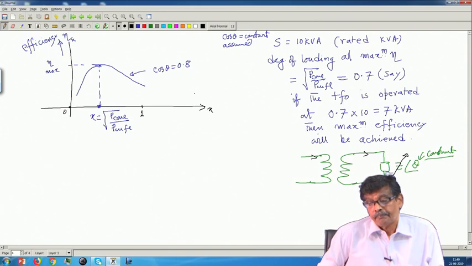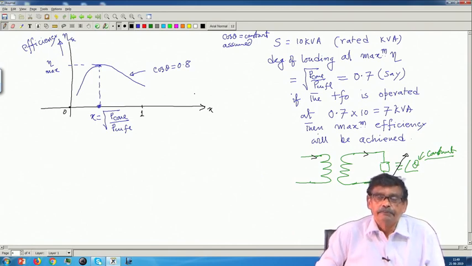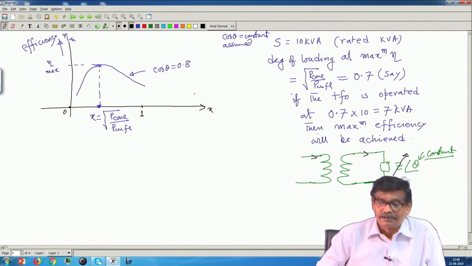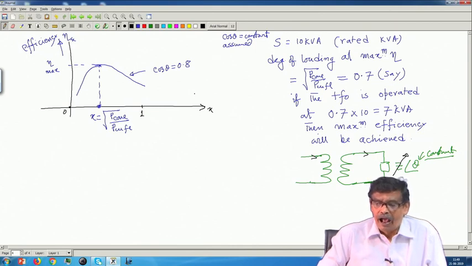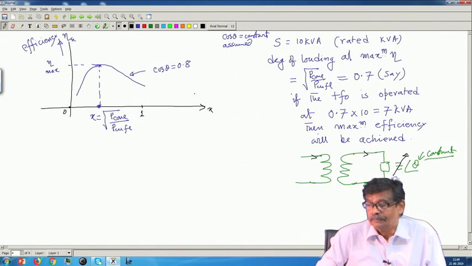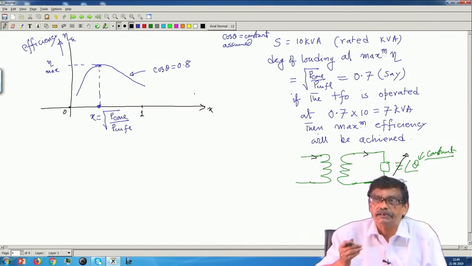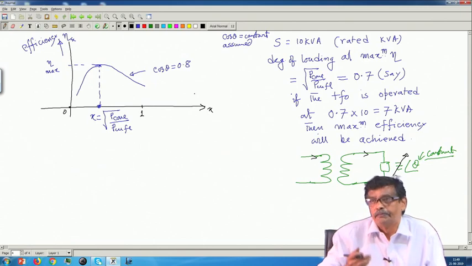After I get this curve, I will ask myself, as a user of this transformer, what would I like to have, at what value of x efficiency should be maximum.